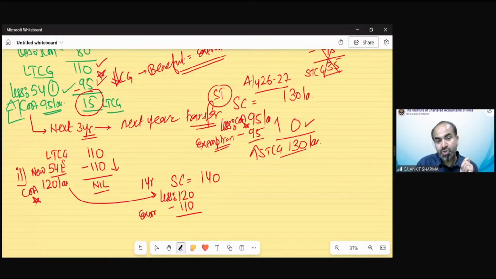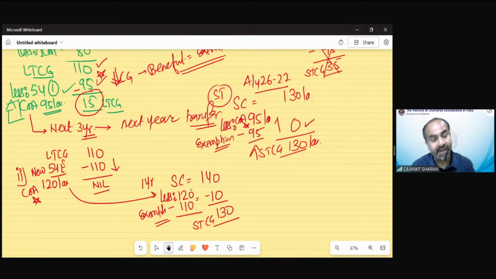So the exemption you claim needs to be reduced from your cost. So in that case, the cost would be the remaining 10. And the resulting gain would be 130 lakh. So it does not mean that the cost would always be 0. Cost would be 0 only when the full cost is claimed as exemption.